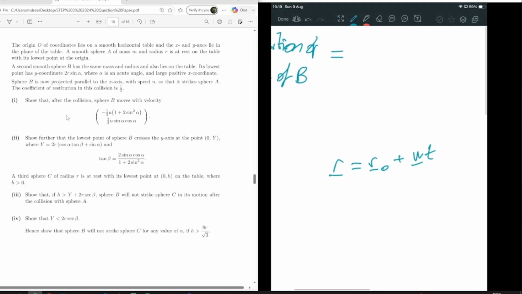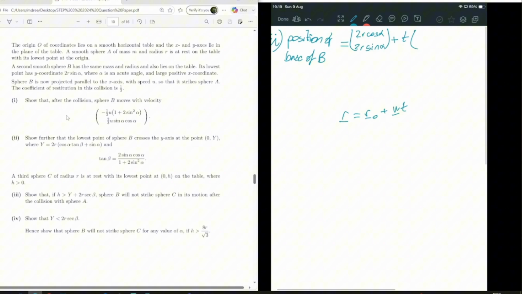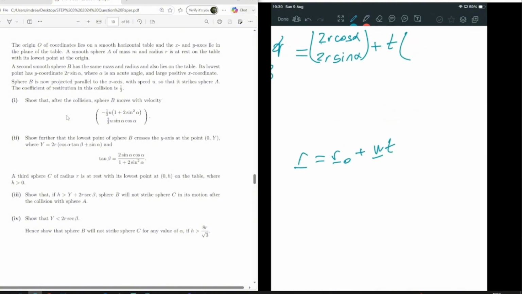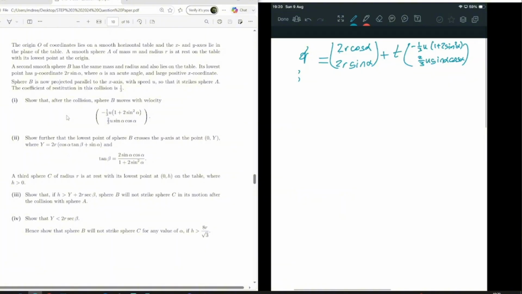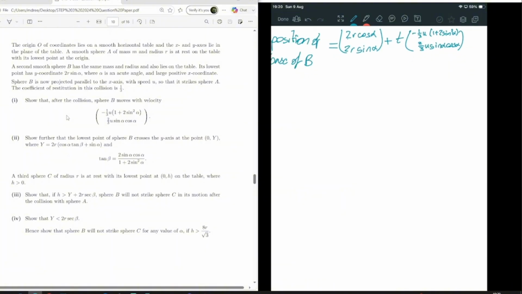So the position is 2r cos alpha, 2r sine alpha, plus t lots of the velocity of B, which is negative a third u, 1 plus 2 sine squared alpha, 2/3 u sine cos. So that's now going to be the position of B at any time t, at time t after the collision.